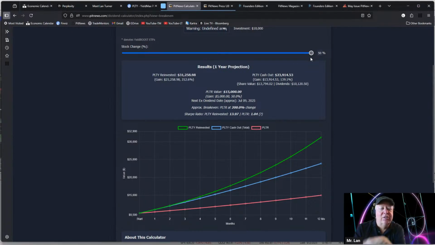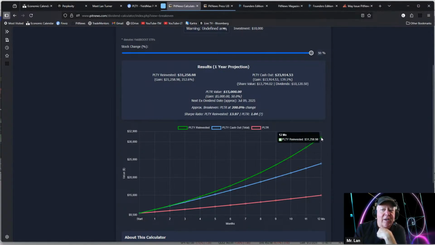So I need to actually extend the calculator beyond 50% and find out where PLTR, without dividends and growth only, will outperform PLTY. Because at a 50% growth on PLTR, it's still not going to outperform PLTY with cash out alone.